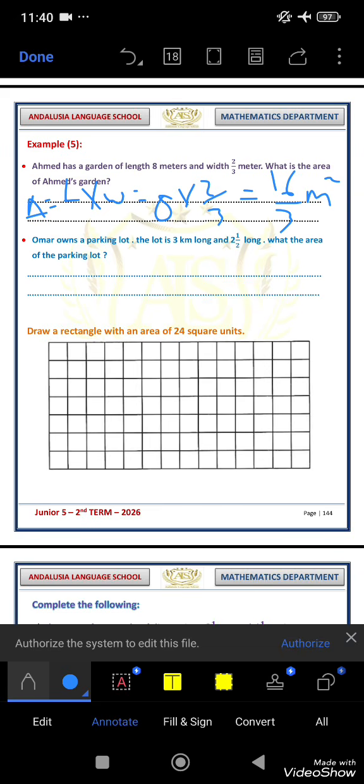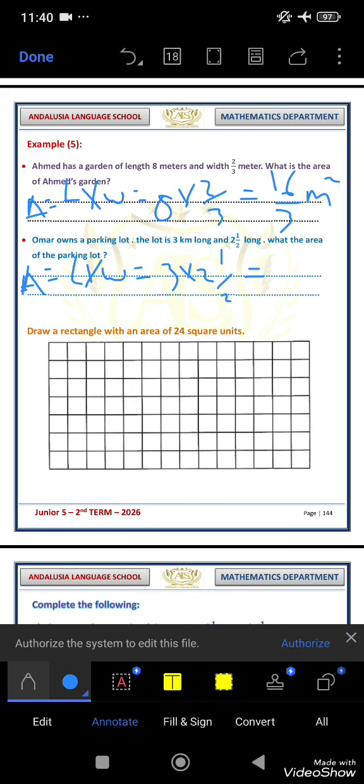Second one. Omar owns a parking lot. The lot is 3 kilometers long and 2.5 wide. What's the area of the parking lot? Okay, so the same: area equals length times width, equals 3 times 2.5.